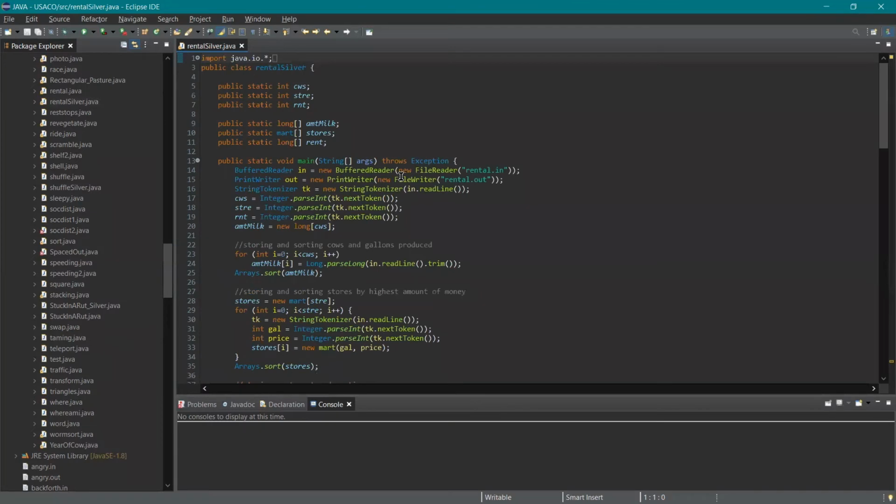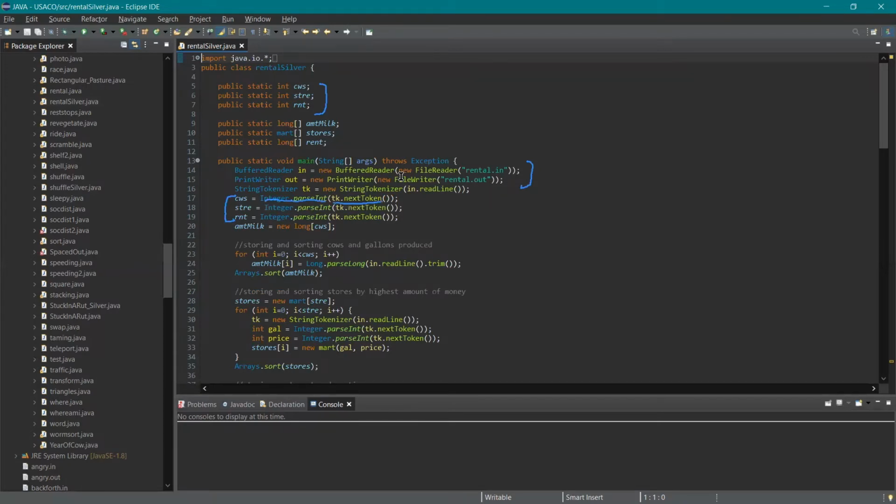If we go back up top, we can see that we start off with our buffer reader and print writer. This is the outdated version. Right now it's different, but in this 2018 problem, we have to use buffer reader and print writer. Next, we have a string tokenizer so that we can take in these three variables, and we use Integer.parseInt because they come in as strings.